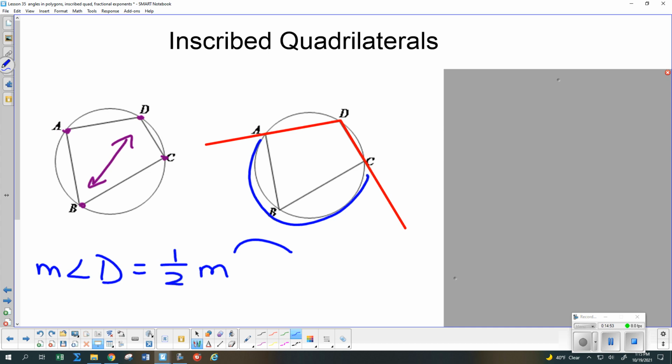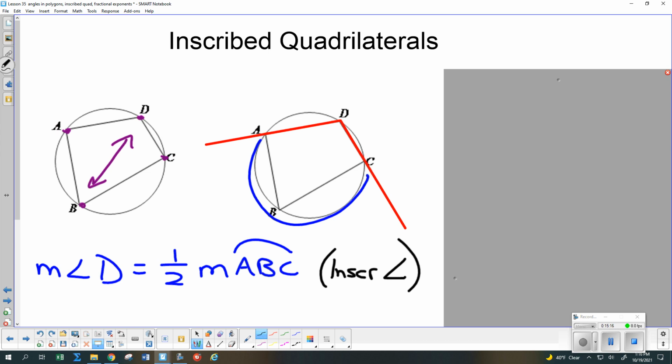And I'm going to write that arc's name as ABC to say go the long way around, start at A, go through B, and end up at C. If I just wrote AC, it would mean the shortest way possible. And that is true because that is an inscribed angle.